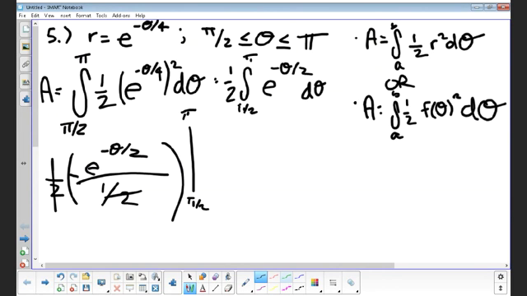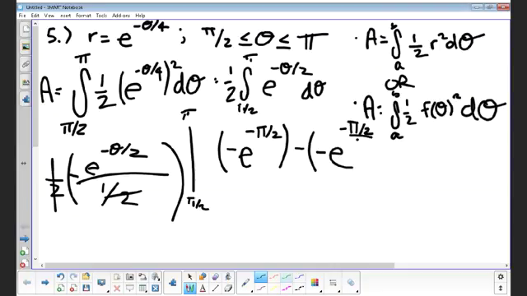So I'm going to take a look here. We have evaluating the integral, minus e to the minus pi over 2, minus, e to the negative pi over 2 over 2.